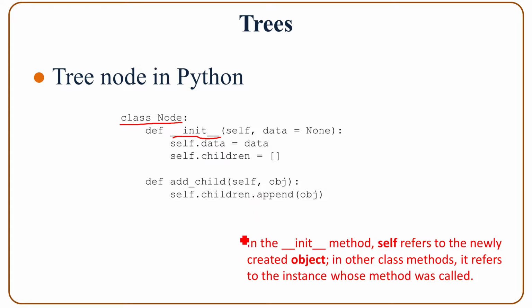And here I have a note saying that in the init method, self refers to the newly created object based on that class, and in other class methods it refers to the instance whose method was called.